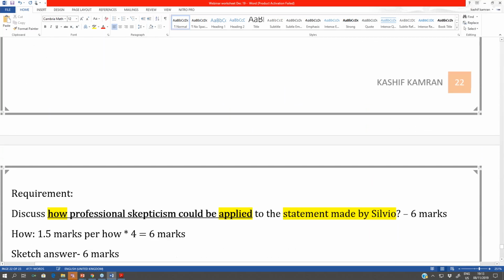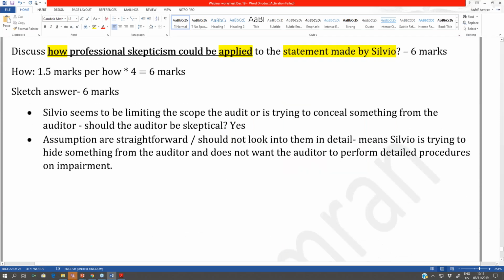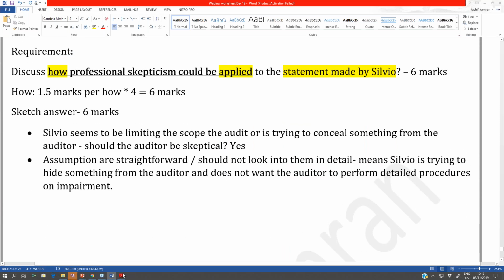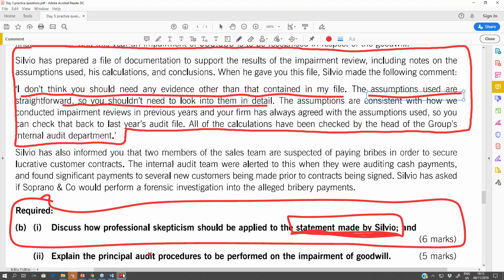We've already reached 2 of the 4 points. The next one. The assumptions are consistent with how we conducted impairment review in the previous year, and your firm has always agreed with the assumptions used. Is it true that if I have agreed to the assumptions the last time, I will be agreeing to them this time as well?